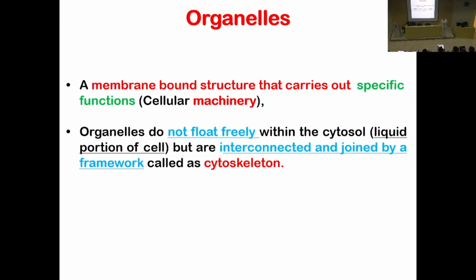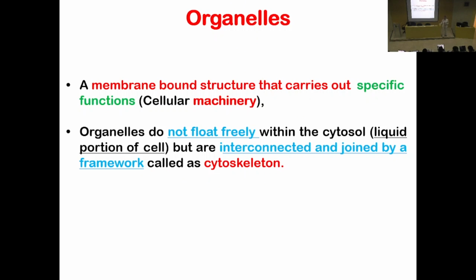And these organelles usually will not float in the cytoplasm. Okay? Each one has its own position, and this position is determined by what we call the cytoskeleton. We're going to have a whole lecture about it.